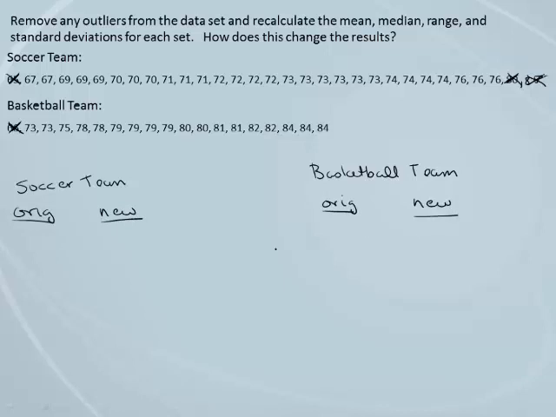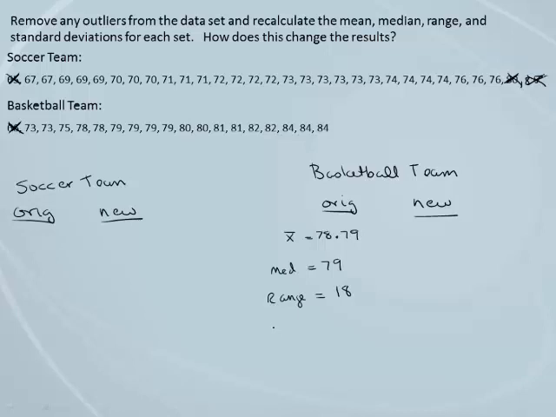For our basketball team, originally we had an average of 78.79. We had a median of 79. We had a range of 84 minus 66, so our range was 18.